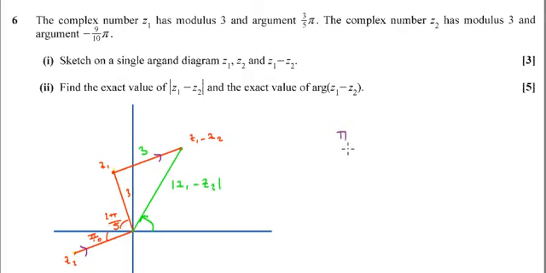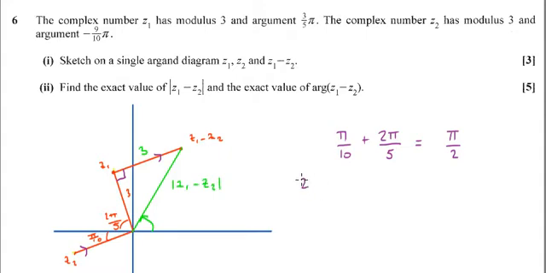But when we add them together, we're going to get pi over 2. 2 pi over 5 plus pi over 10 is going to be pi over 2. So we've got a 90-degree angle, so it's even easier than you might initially expect. This is a 90-degree angle, so we can go ahead and use Pythagoras on it.